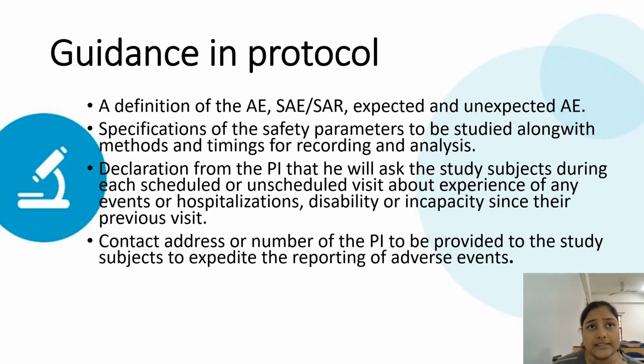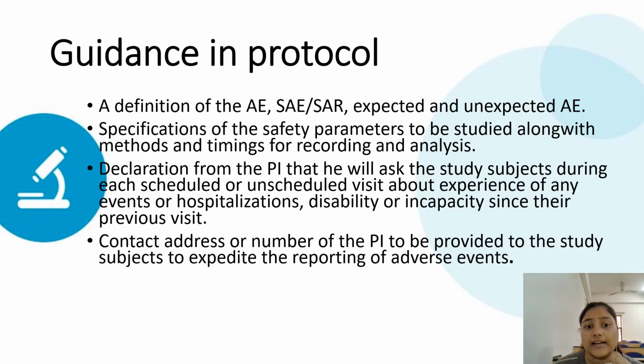Talking about guidance in protocol, a definition of the AE, A stands for adverse event, SAE or SAR, which is serious adverse event or reaction, expected and unexpected adverse events, specifications of the safety parameters to be studied along with methods and timings for recording and analysis. This is also given in the protocol.